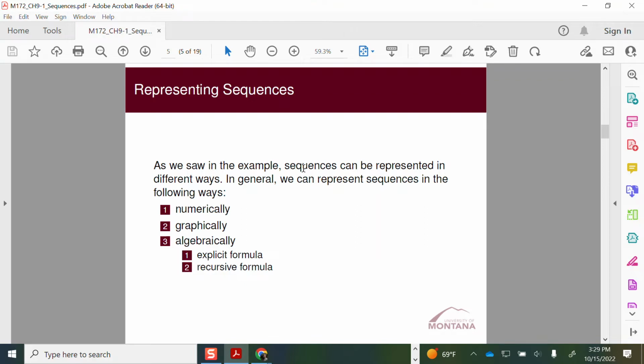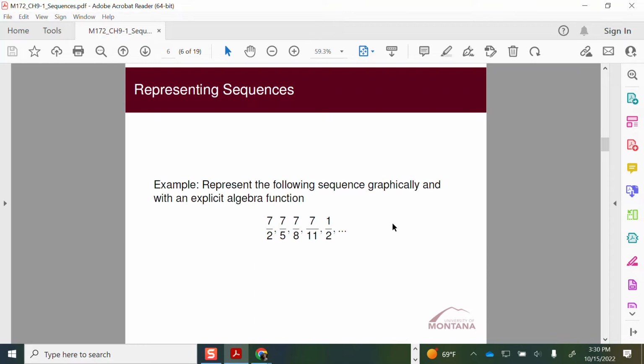I'll show you how to do that in a minute. And then algebraically, we can represent them using an explicit formula. So what we found in those first 3 examples was an explicit formula. But there's also a way that you can represent them using what's called a recursive formula, and we'll take a look at that in a second. So let's do this by example. Let's start with this one.